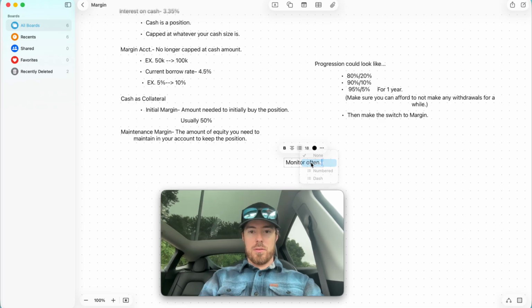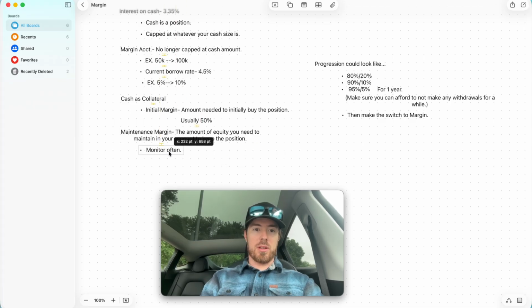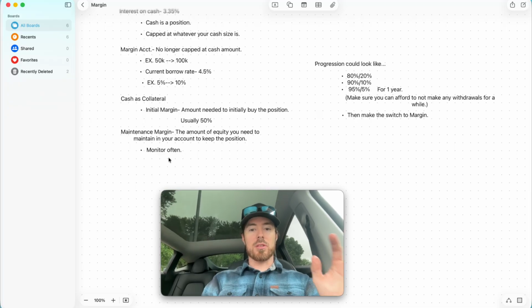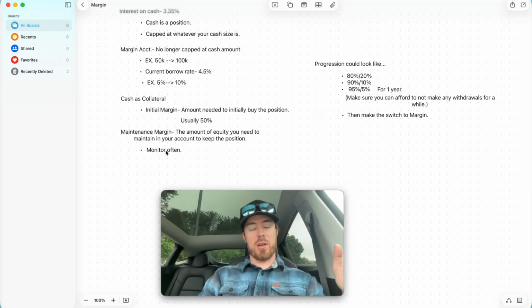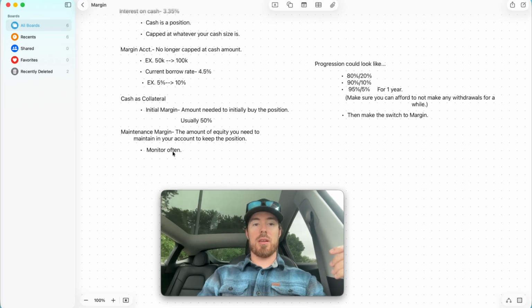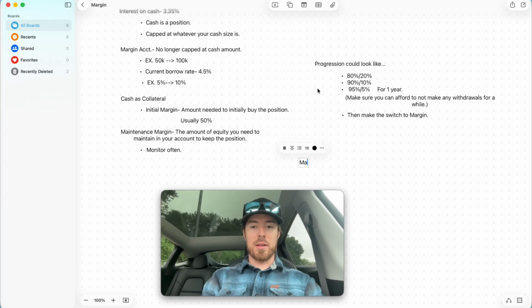So this is one that you're going to want to monitor often. Make yourself a schedule, do it every month, do it weekly, I don't care. Just check your maintenance margin, make sure that you have a nice buffer. You don't want to get close to that, because then you're issued a margin call if you go below your maintenance margin. So you go below maintenance margin, that is what a margin call is.